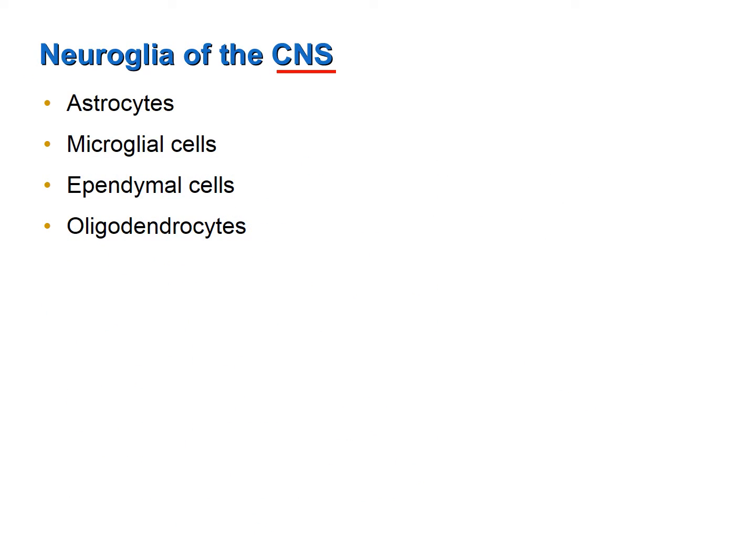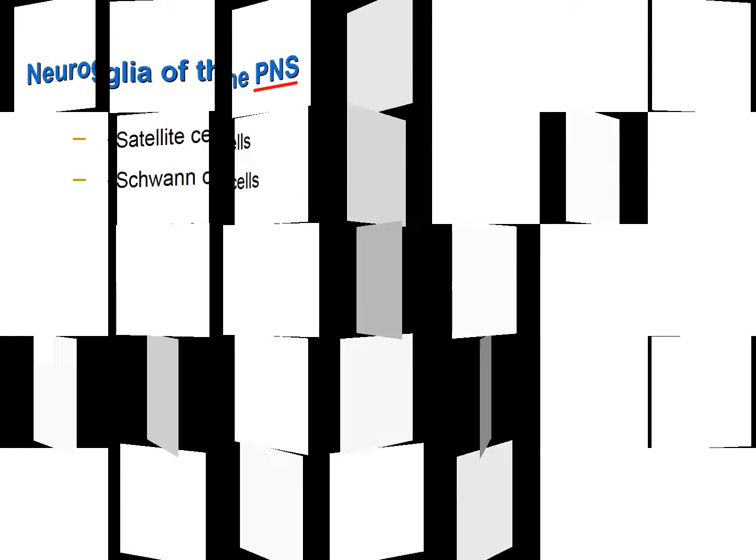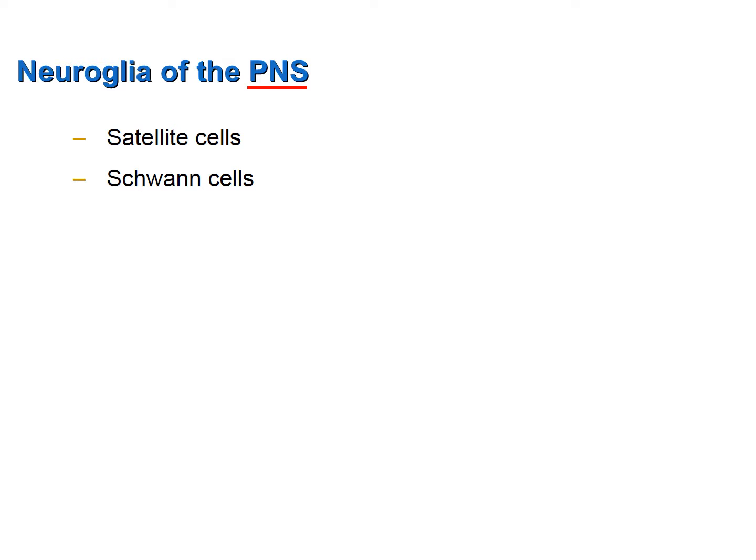So to summarize, the neuroglia or glial cells of the central nervous system include the astrocytes, microglial cells, ependymal cells, and the oligodendrocytes. The neuroglia of the peripheral nervous system include satellite cells and Schwann cells.